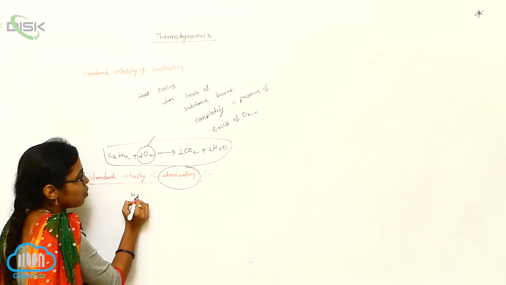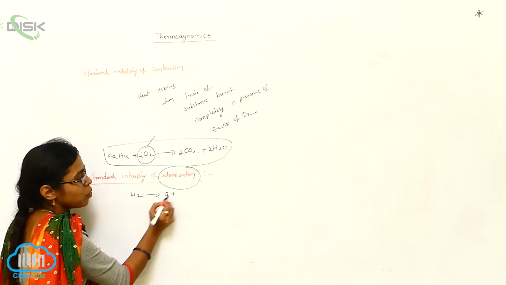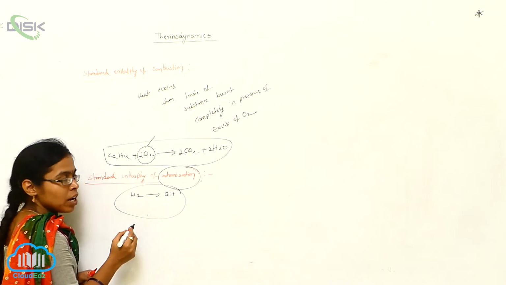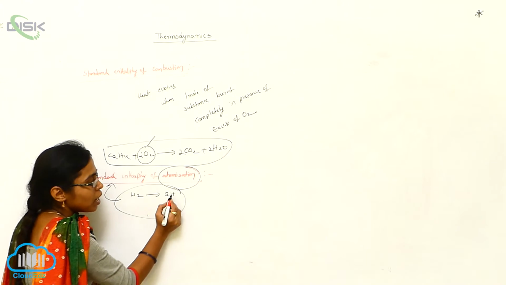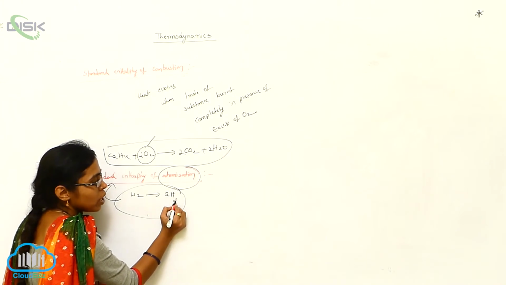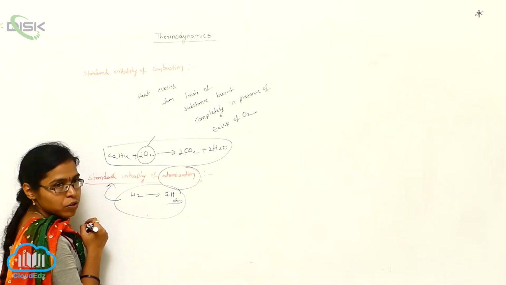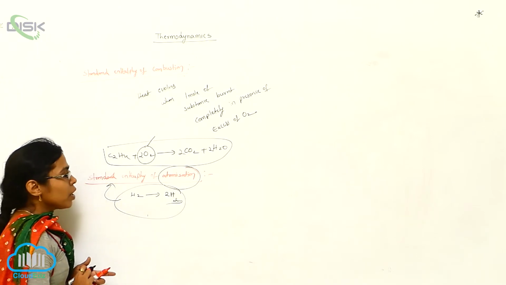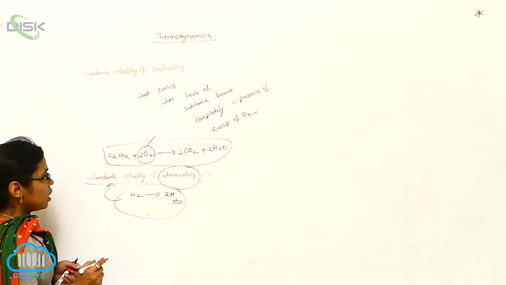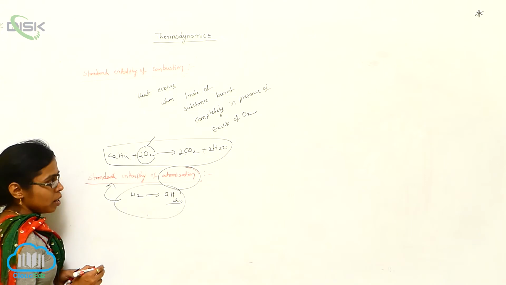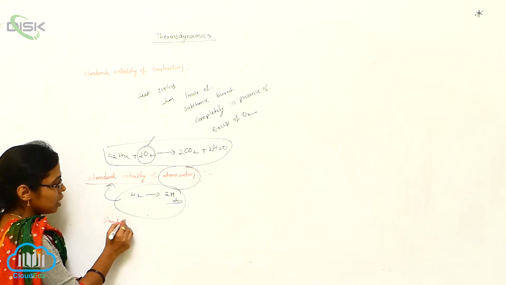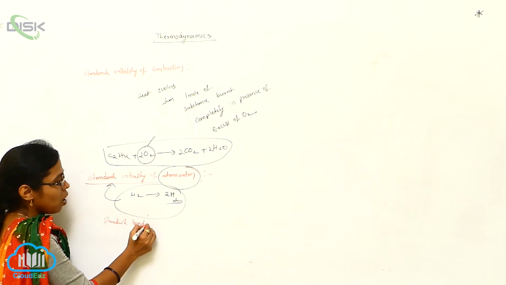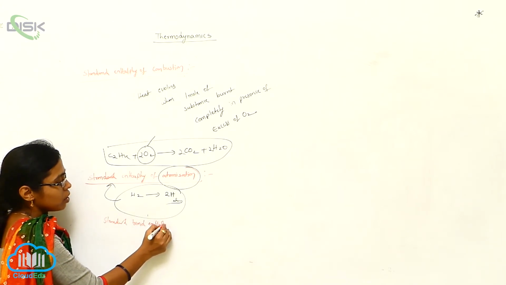For example, hydrogen, you can give 2 hydrogen. The energy required for this is called the standard enthalpy of atomization. Here 2 hydrogen atoms are formed. Next, standard bond enthalpy.